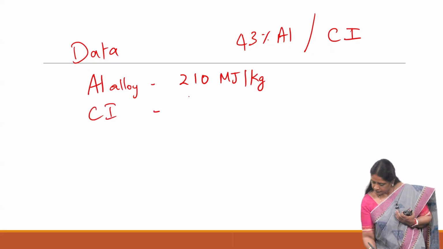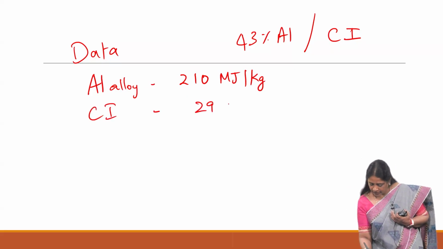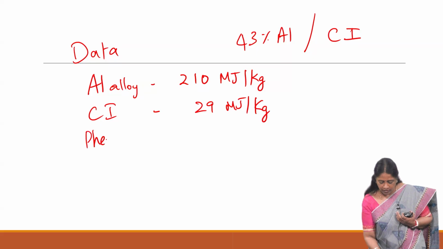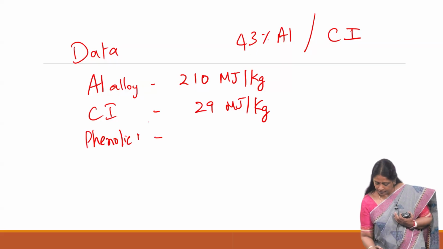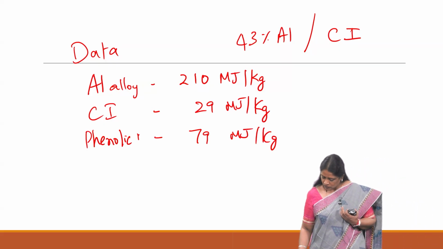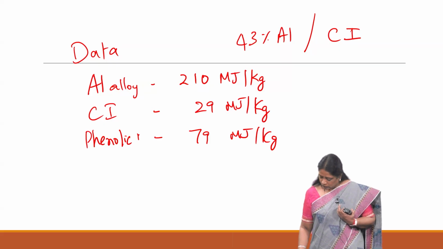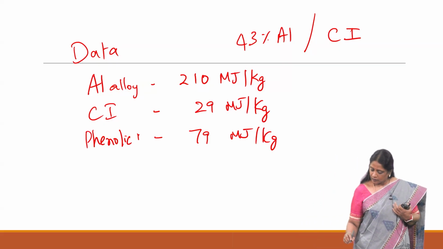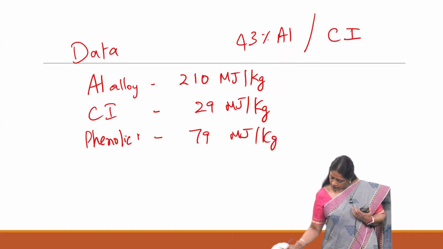Cast iron is 29, and the phenolic material for the handle is 79.